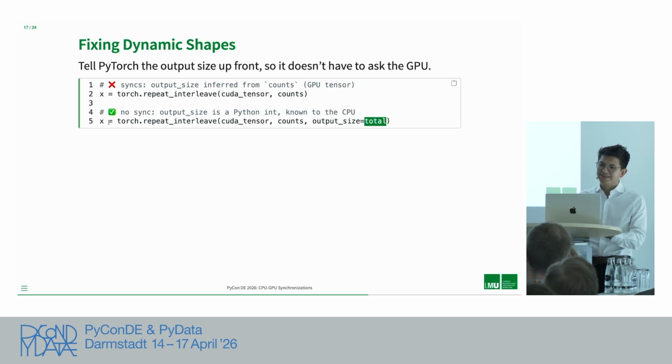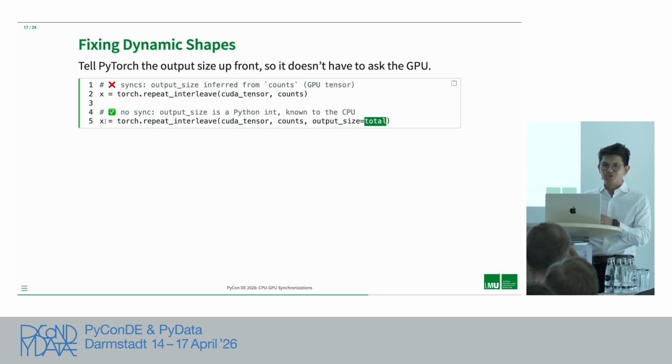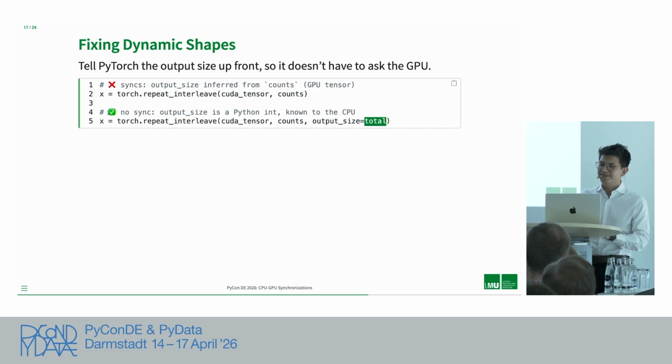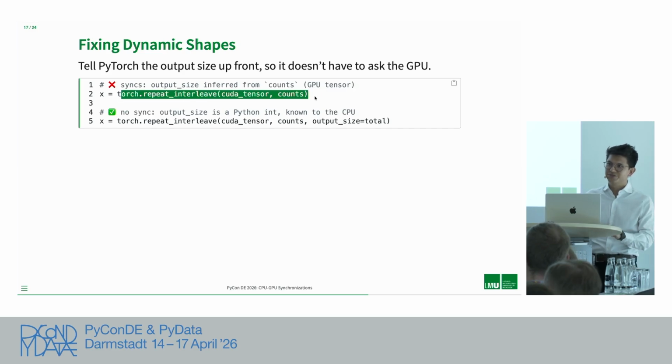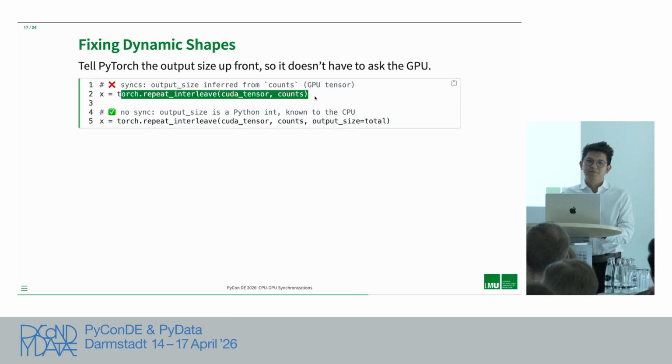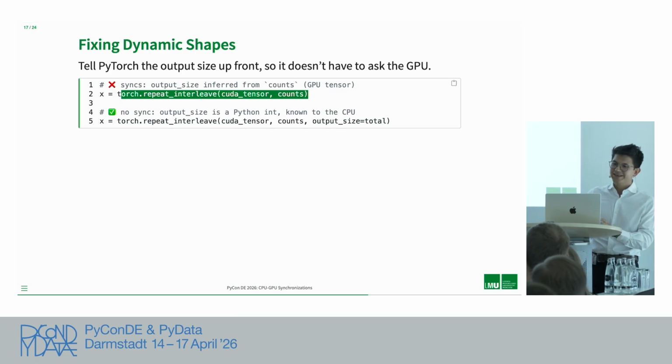And then, since Torch doesn't have to ask the GPU anymore for the size, it can allocate this without a synchronization. The code runs through without synchronization, while this idiom does trigger a synchronization. So Torch gives you some tools to work around this and avoid the synchronizations.